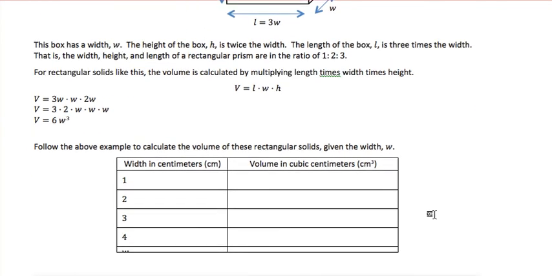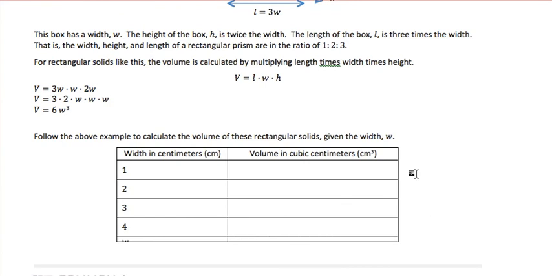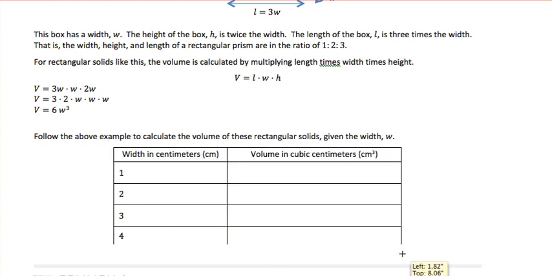So following the example above, we're going to calculate the volume of these rectangular solids given the width. So we're going to be given one measurement, and then we're going to calculate the volume from those given measurements.